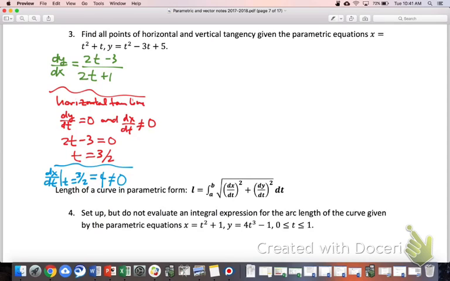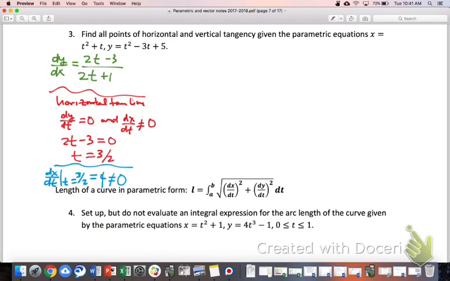And it doesn't really specify here. I will definitely specify in quizzes and tests whether I want t values or x's and y's. And this did say points. It didn't say times. And so I would say we probably want to put x, y for this. So t equals 3/2. That is when we have a horizontal tangent line.